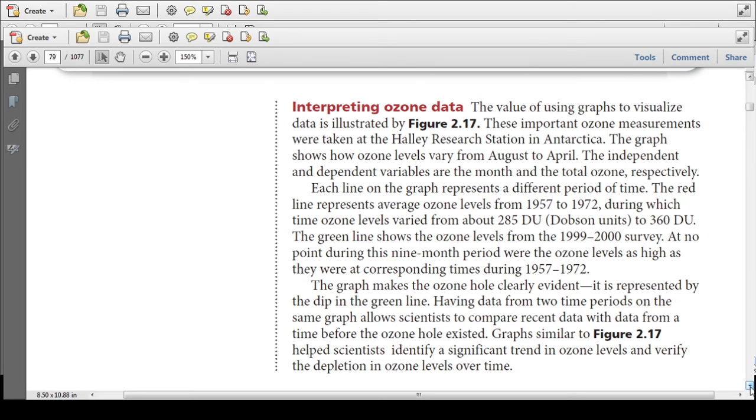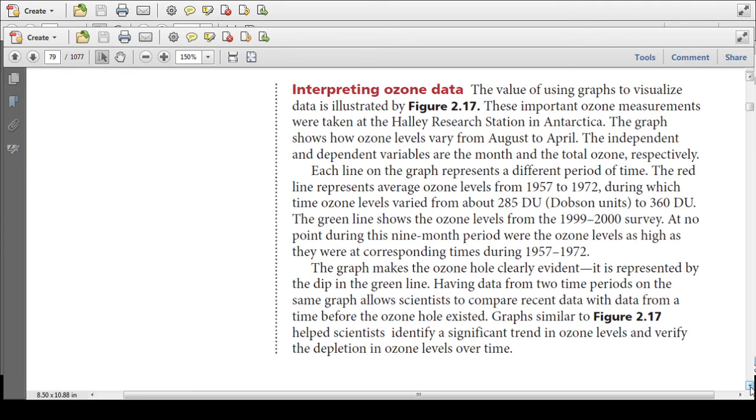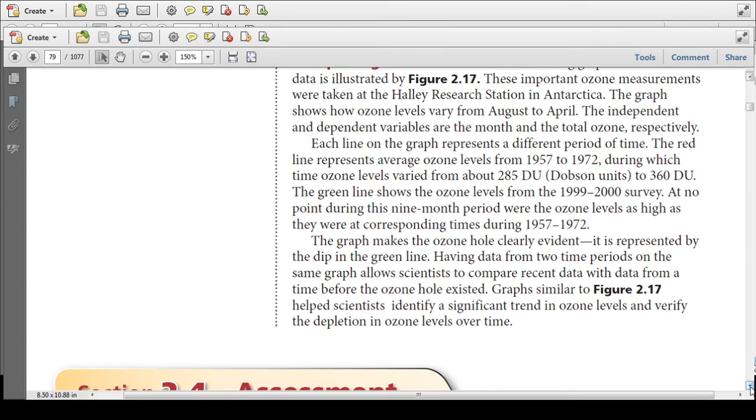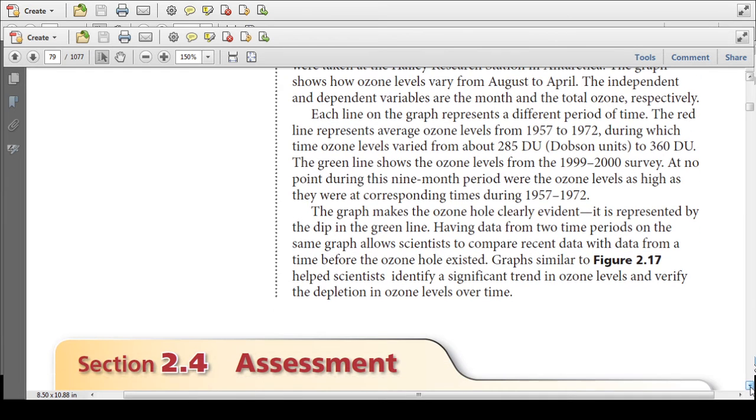The red line represents the average ozone levels between 1957 and 1972, during which the ozone levels varied from about 285 Dobson units to 360 Dobson units. The green line, however, shows the level between 1999 and 2000. At no point during the 9-month period were the ozone levels as high as they were between the years of 57 and 72.